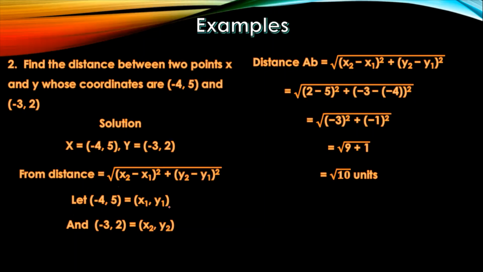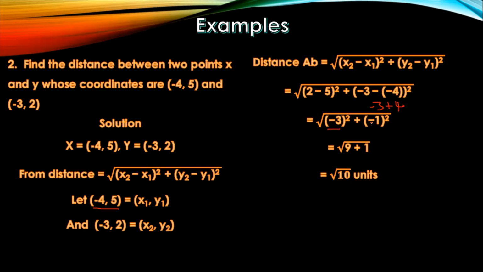Then put the numbers into the formula. Here we have -3 minus (-4), and 2 minus 5, put in brackets to differentiate it.